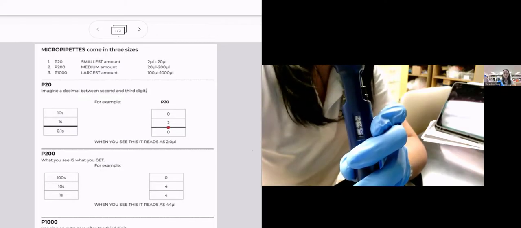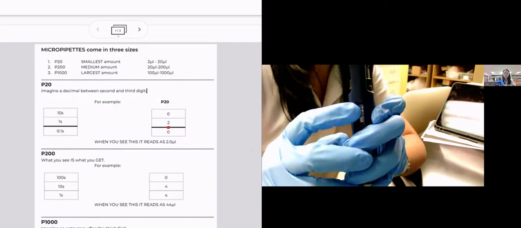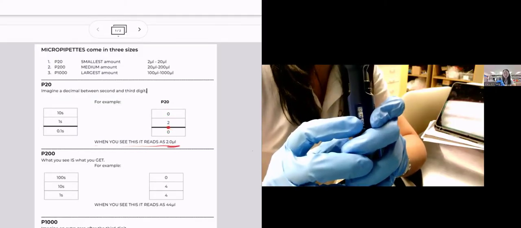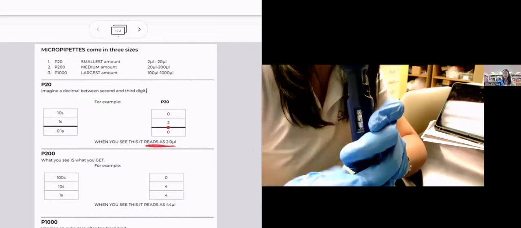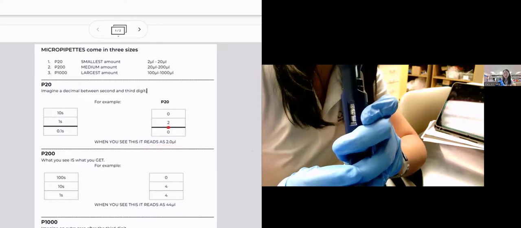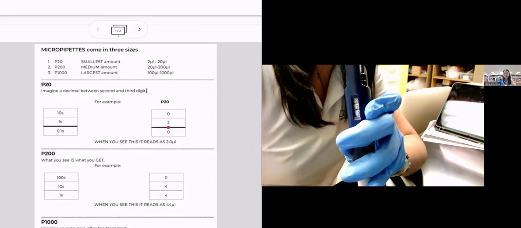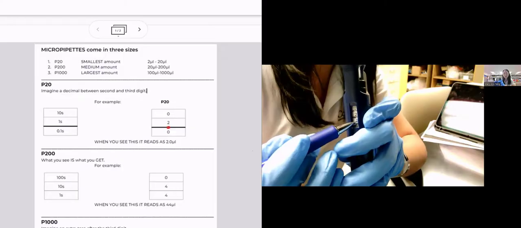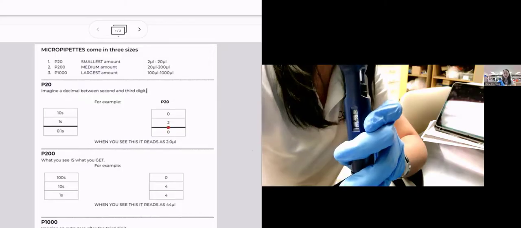Now this means when you set P20, pipette 20, to 0 2 0, you're really setting it to 02.0, which is going to read as 2.0, which is 2 microliter. The cool part is the pipette changes the last digit to blue to remind you that it is the digit after the decimal. So hopefully that's going to help you remember how to read a P20.